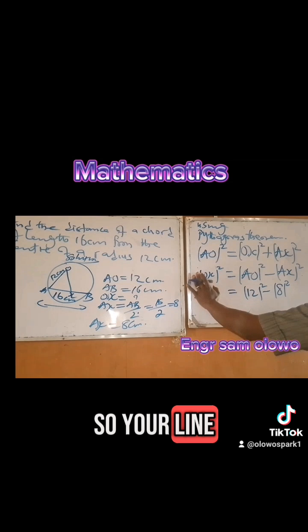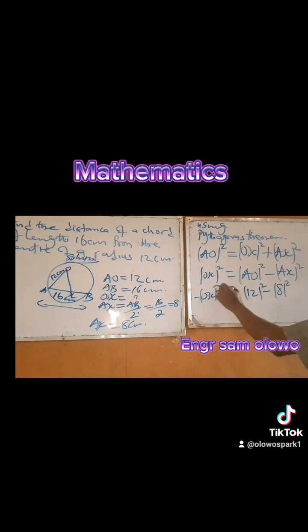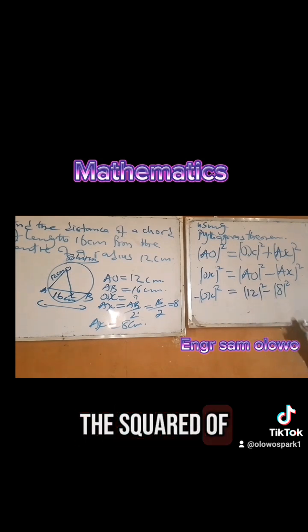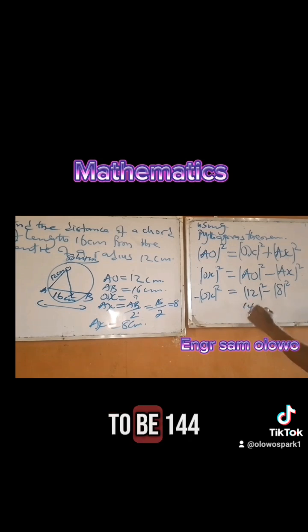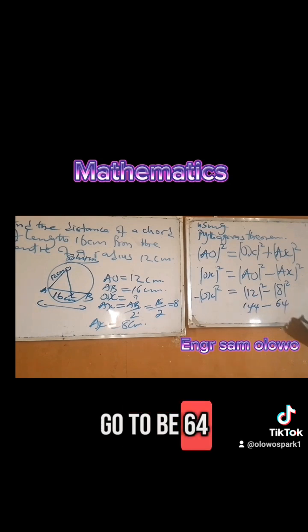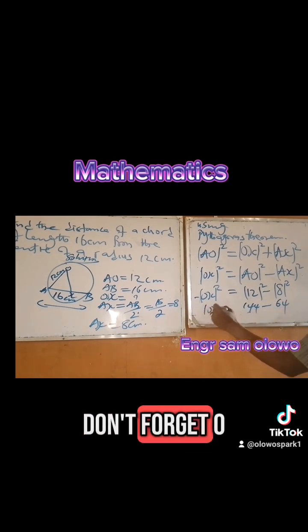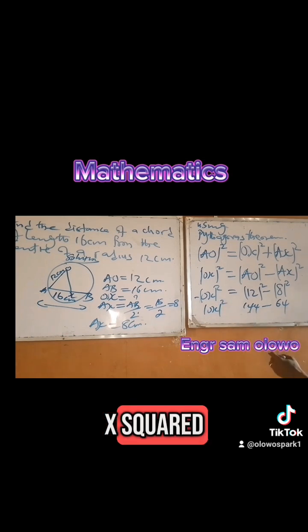So your line OX square, we have 12 square is going to be 144. 8 square is equal to 64. Don't forget OX square.